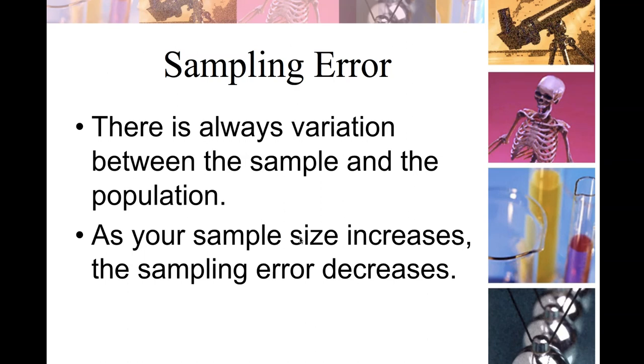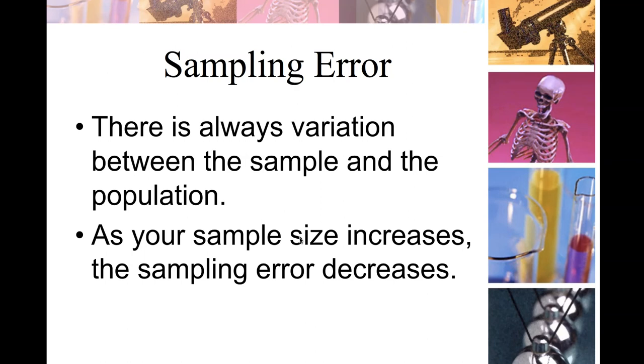So when we're talking about sampling error, let's say I want to get all the 3-year-olds in the United States who have childhood apraxia of speech. Well, I can't get them all. So let's say I get 20 in my sample. I've got a sample size of 20, but I'm going to have a lot of error there, because my sample is not the whole population.